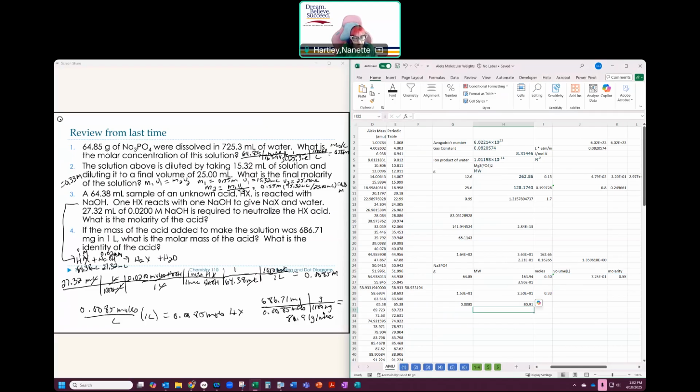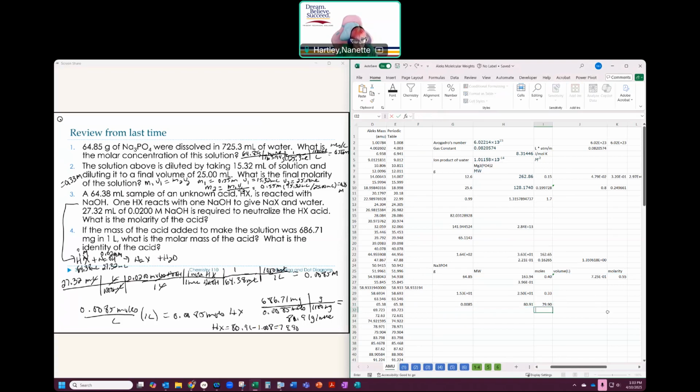80.91. Now, I know that this is made of H and X. And I know that H has a mass of 1.008, because that's what the mass of H is. So I can take that mass and subtract the 1.008 from it. That tells me that the mass of the X part, so HX, equals 80.91 minus the 1.008, which is equal to 79.90, which is the X part.